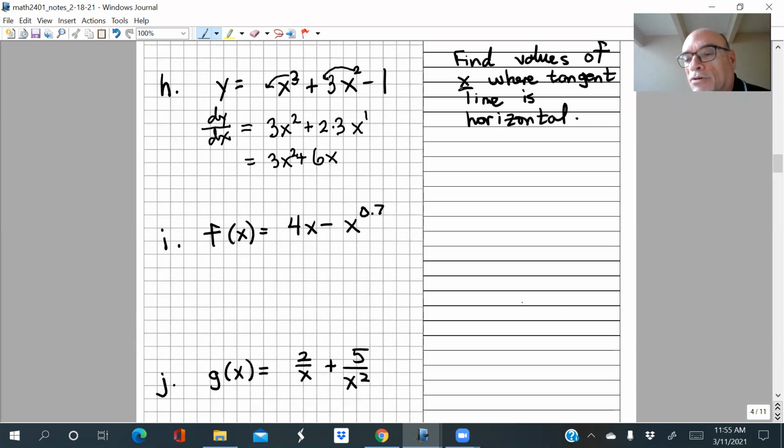Maybe there aren't any, but if there are, I want to find them. This is really a geometric question, so how can we answer it algebraically without looking at the graph? Do you have some suggestions?